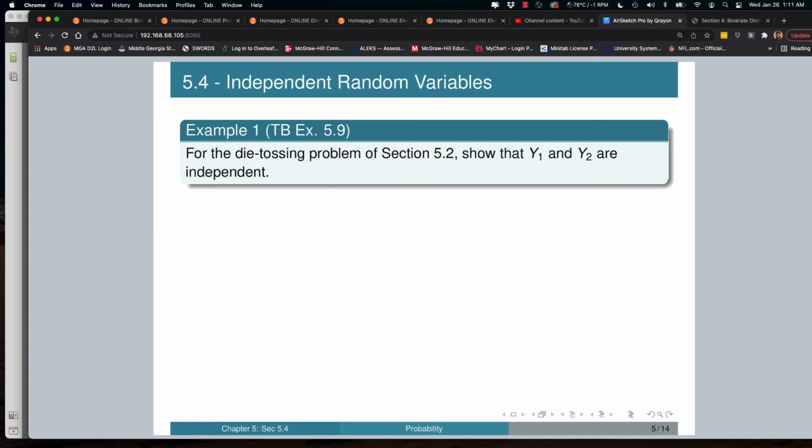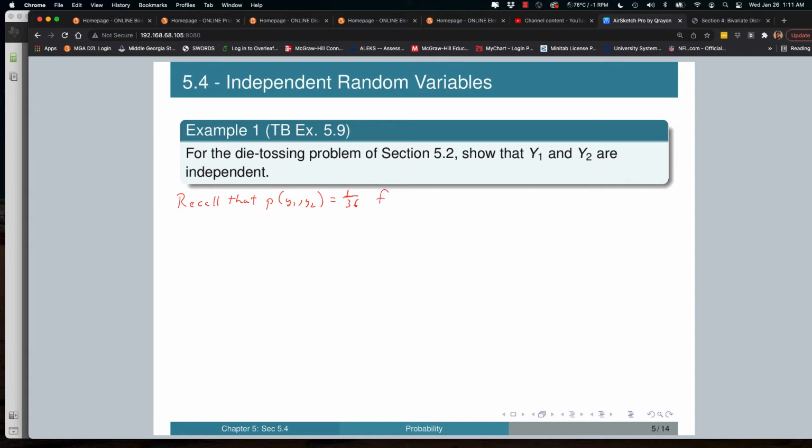So recall from that experiment that the probability of y sub 1 and y sub 2 for any ordered pair was 1 over 36, right?